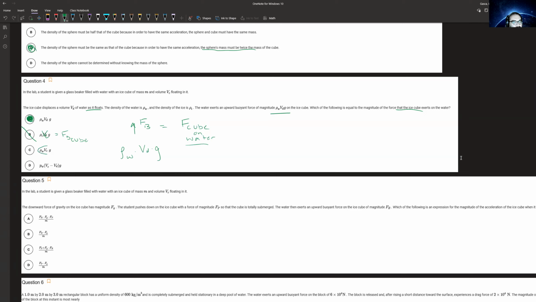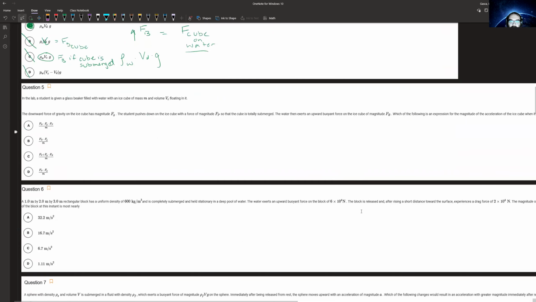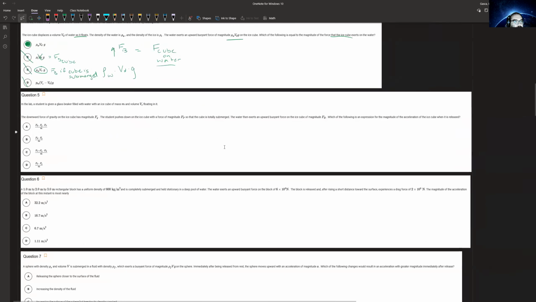So if we calculate this, this would be the buoyant force if we managed to submerge the cube. Okay, so not quite. It's floating, so it's just going to be the buoyant force. And so our best answer choice here is A. Let me know if that answered your question there, or if you have questions about that, let me know.